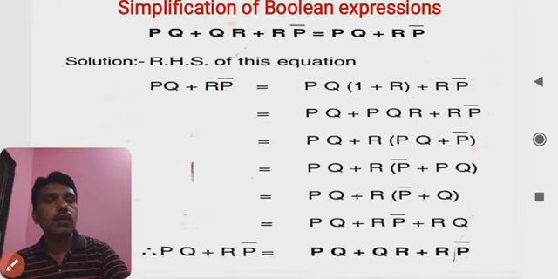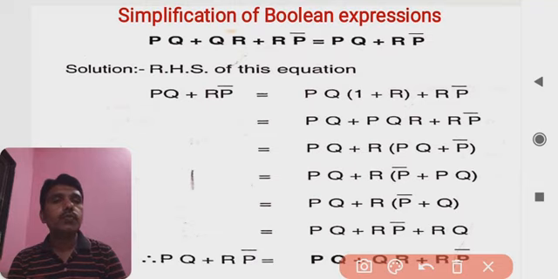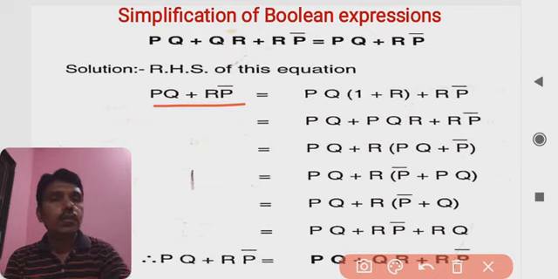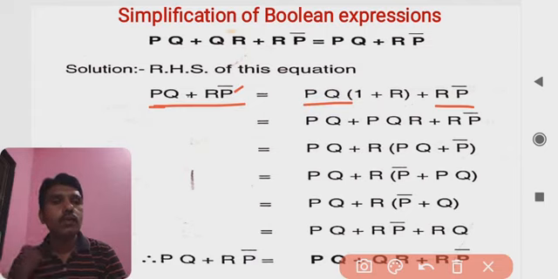Now the last simplification of these Boolean expressions. Here the right hand side is given, so in this case we are trying to prove the right hand side equals the left hand side. So pq or qr or r p complement. We write the same r p complement as it is here, and pq, but instead of pq there is nothing inside, which means multiplied with 1, and 1 into pq is always pq.